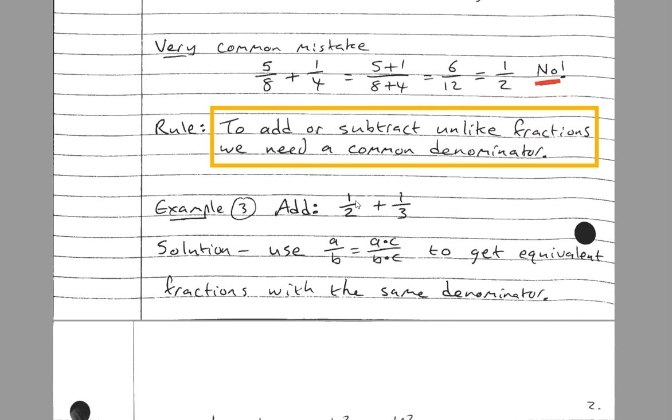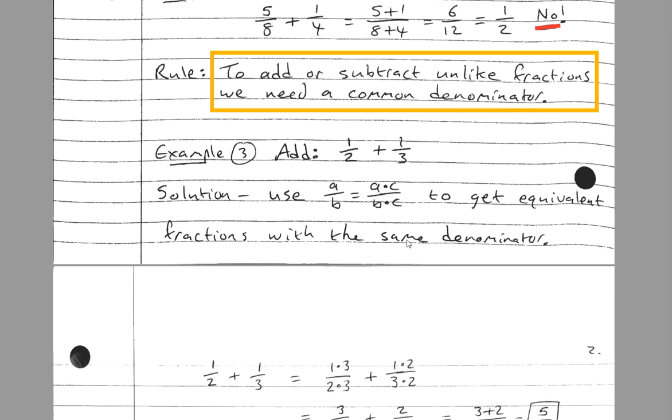Okay, so how about 1/2 plus 1/3? Yeah, here it is again. Okay, we need a common denominator, so the question we're asking, so what should we multiply on the top and the bottom to get the same number on the bottom?